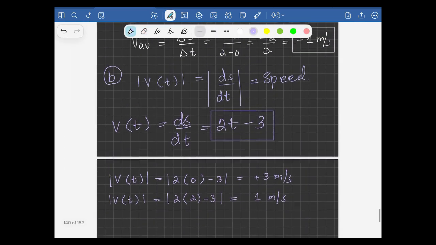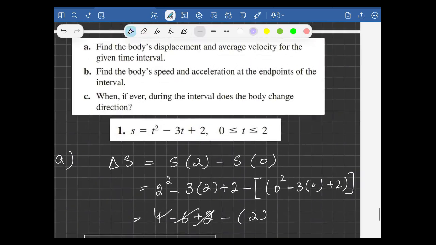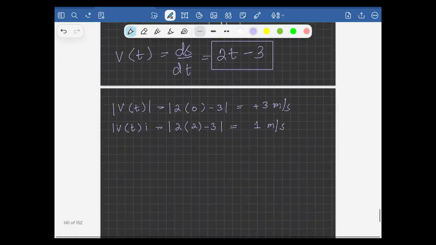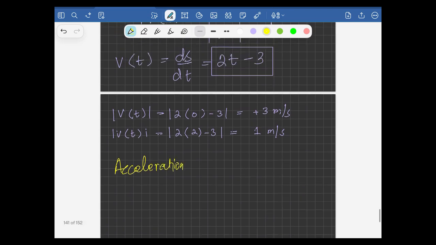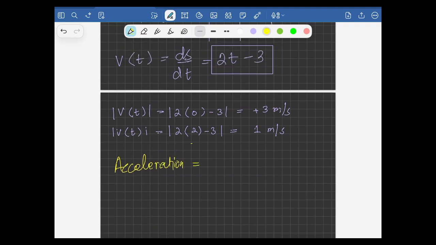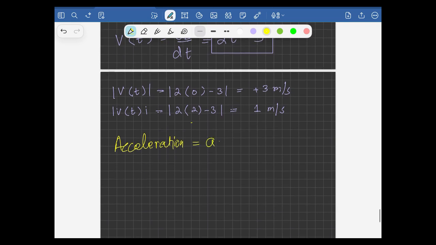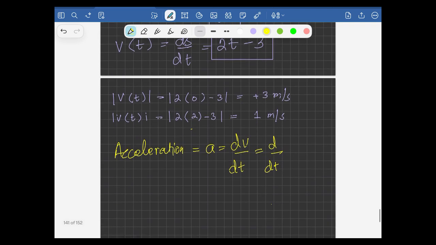Then in the second part of the question, they said find the acceleration as well at the endpoints. And remember, the acceleration is actually the second derivative of the function. So for acceleration, which equals the derivative of the velocity, dv over dt, and the velocity is 2t minus 3.